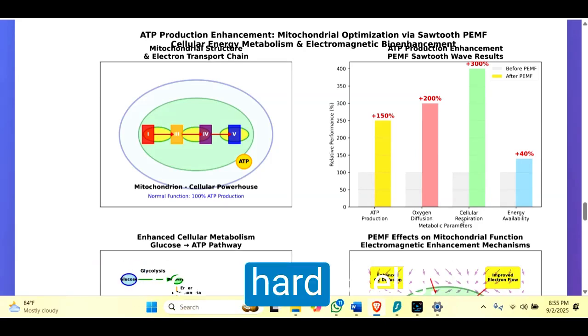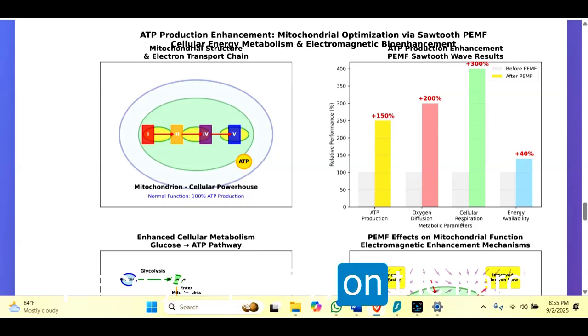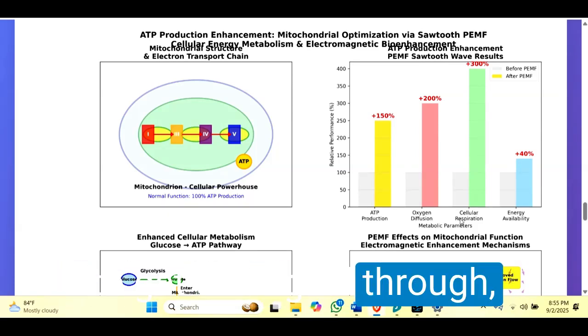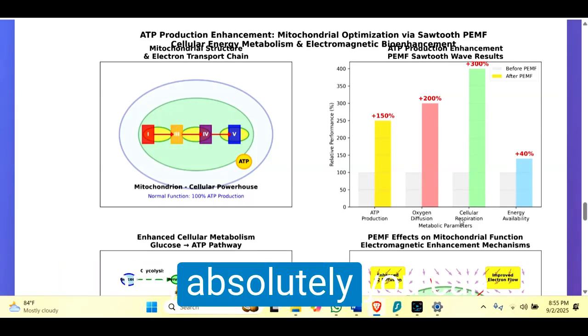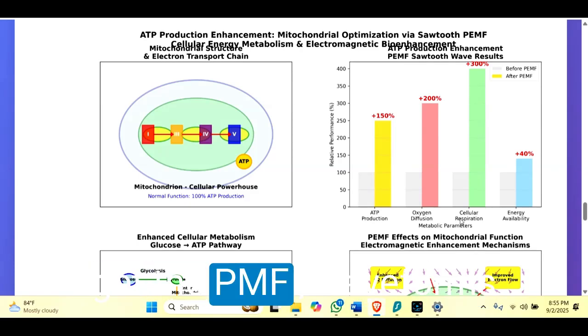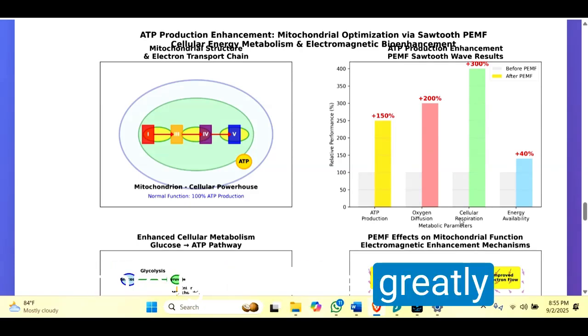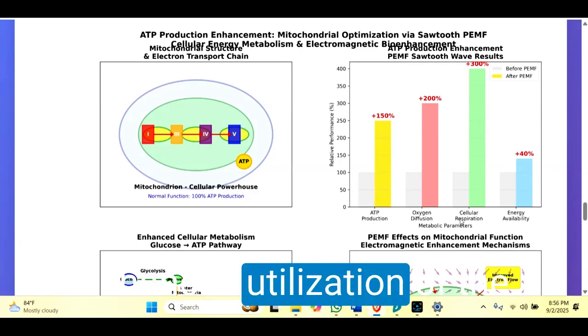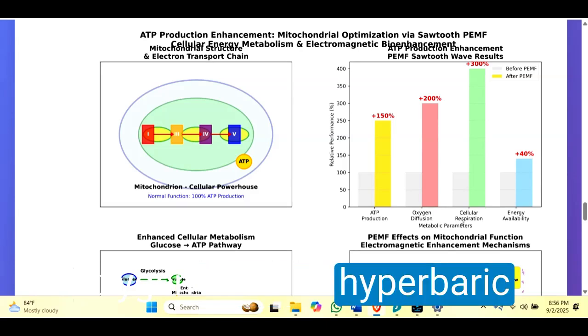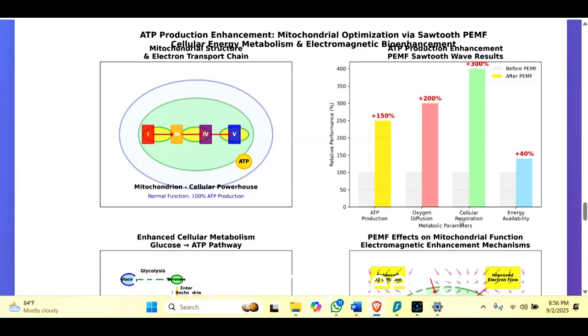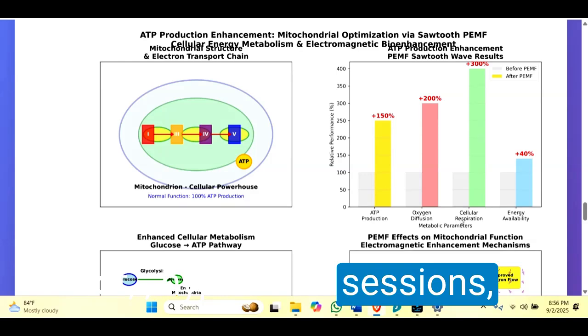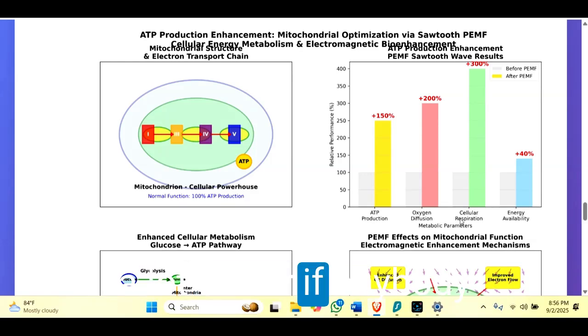There are some hard shells, and it depends on the particular place you put it. On the hard shell, you might still be able to get the signal through. But if it is a soft shell mild chamber, absolutely, you can get the PEMF waveforms through. And that greatly enhances utilization of the oxygen that's in a hyperbaric chamber, significantly so. You may need a fraction of the amount of hyperbaric sessions so you can get results a lot faster, if anybody was wondering that.